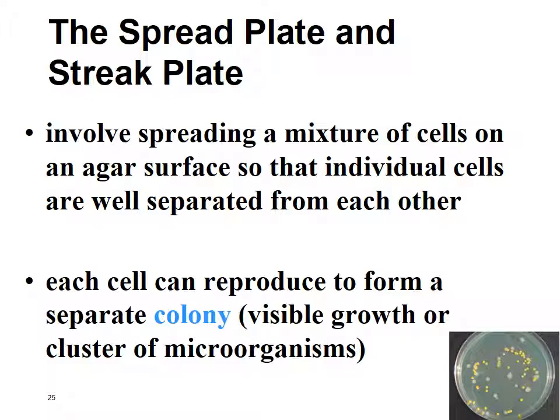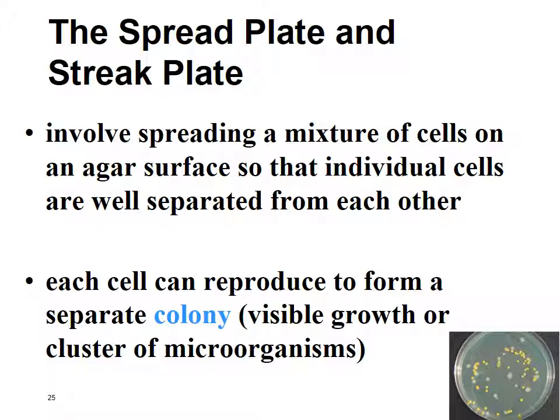The spread plate technique is an easy way to achieve this, assuming that a dilute mixture of cells is applied. But because we don't know how concentrated the cells are in the original culture, we can prepare dilutions and plate out a small volume of each dilution to try to achieve these well isolated colonies.